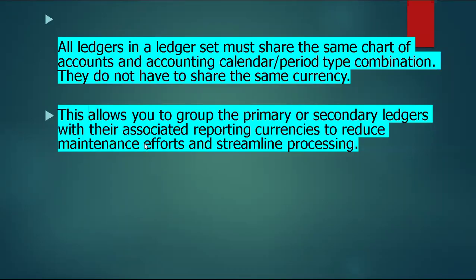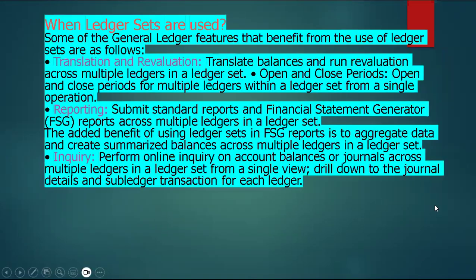For instance, you can group the primary or secondary ledgers with the associated reporting currency to reduce maintenance efforts and streamline. Then where else do we use it? We use it in translation and evaluation.